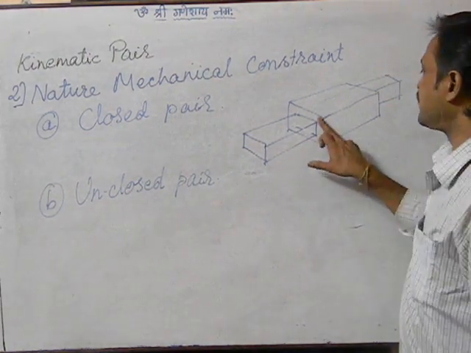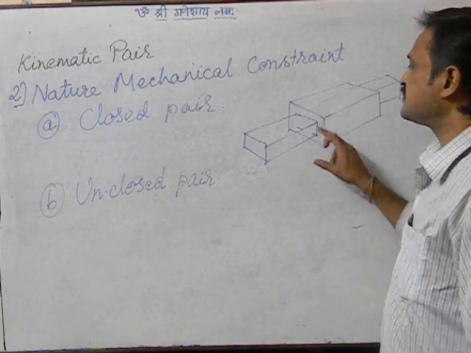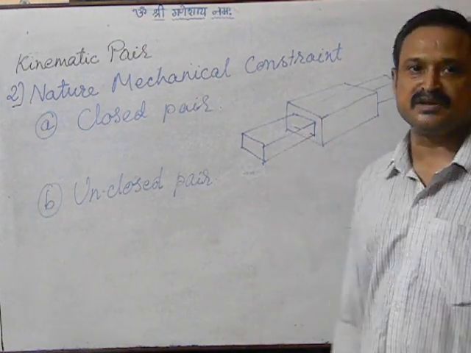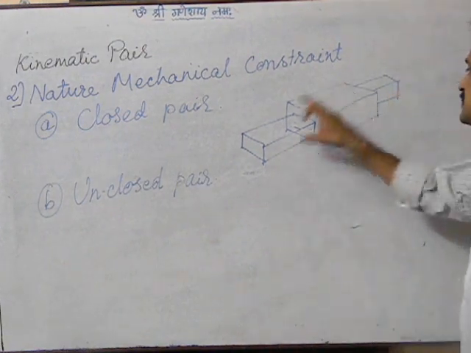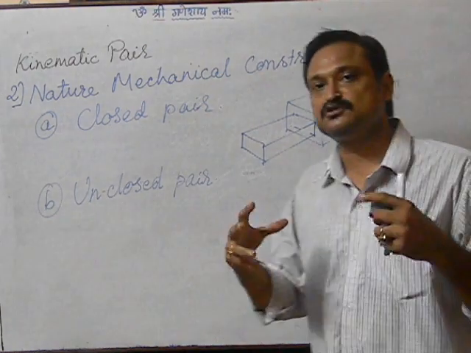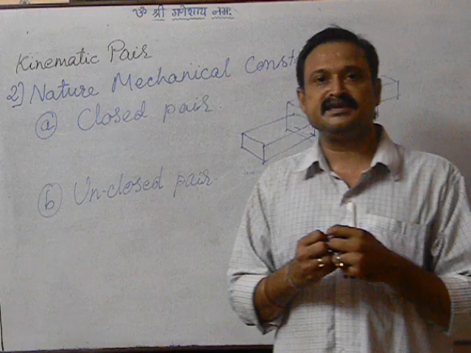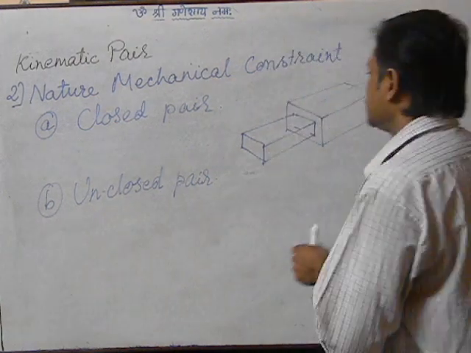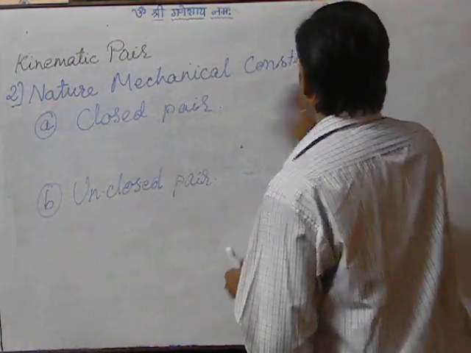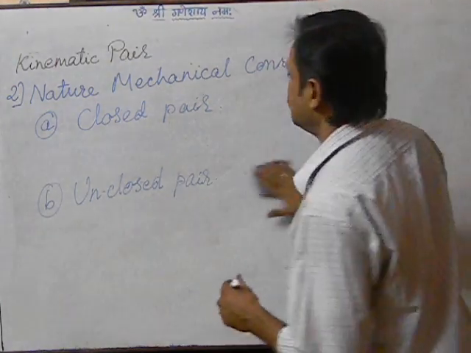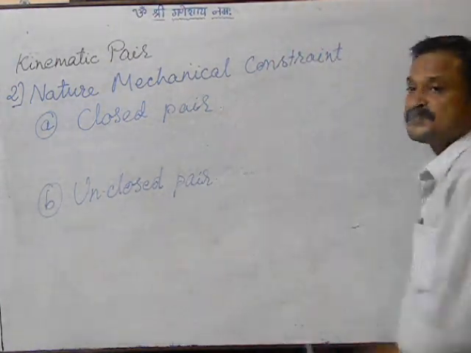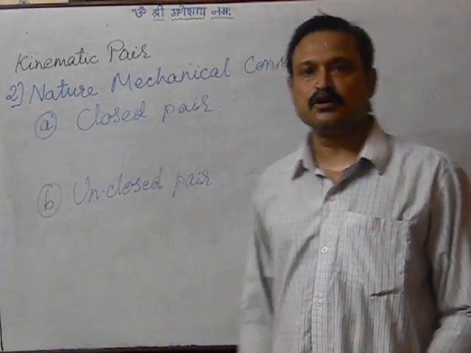If I want to have another motion, I will have to break up this arrangement. By virtue of the arrangement itself, the motion is definite. Such pairing is an example of a closed pair.